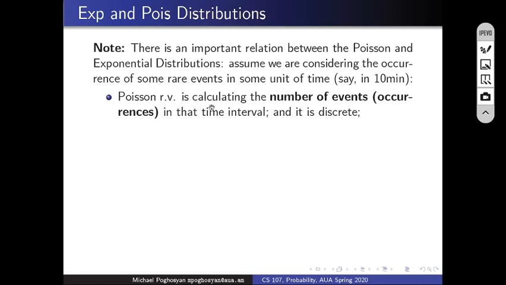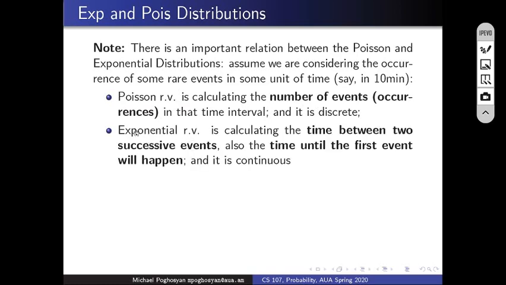The Poisson random variable is calculating the number of events in that time interval, and it is discrete. And the exponential random variable is calculating the time between two successive events.